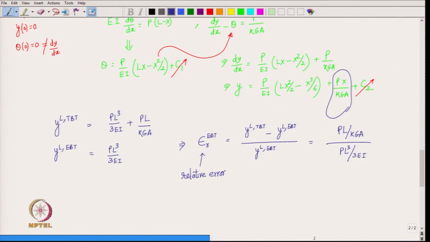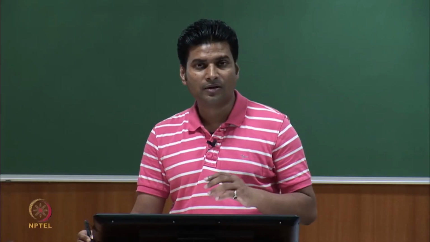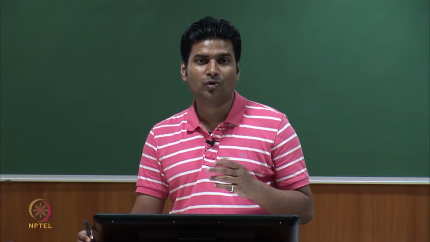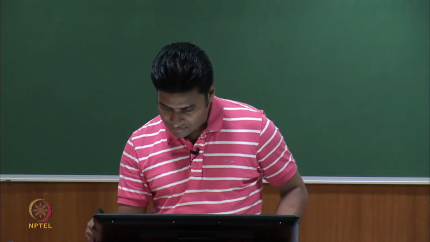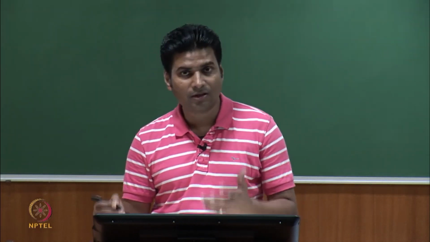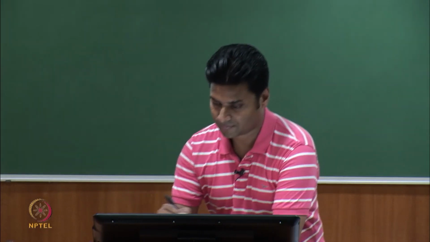Okay. And we want the relative error to be very, very small, correct. So, we want this to be much less than 1. If that is the case, then we can use Euler-Bernoulli theory. If the relative error is high, that means we should go for Timoshenko beam theory. So, let us find out what condition we obtain from here.